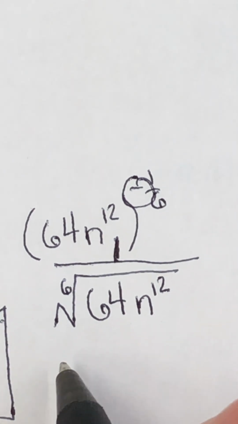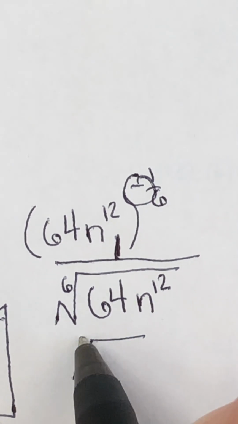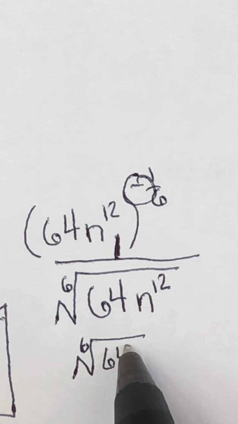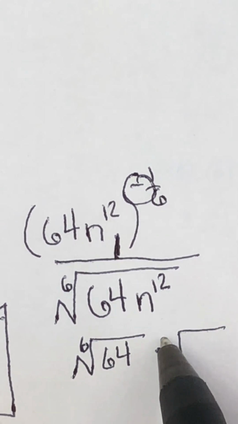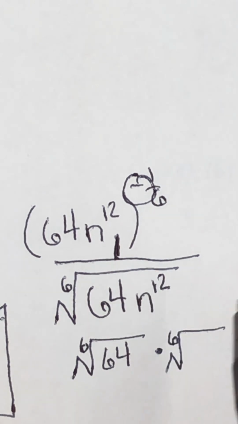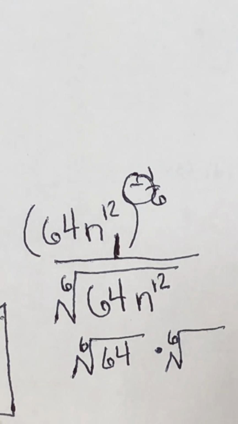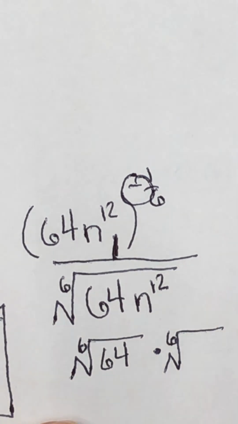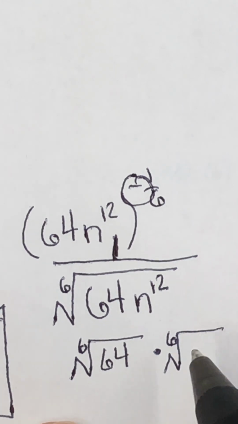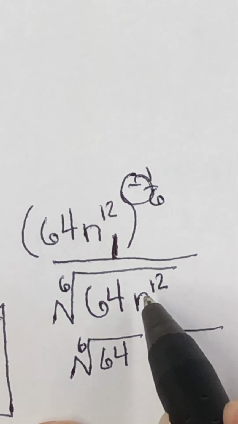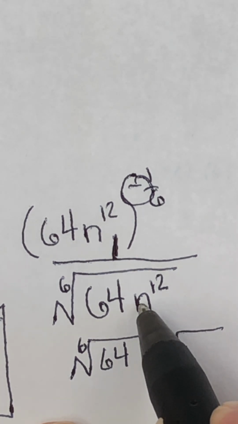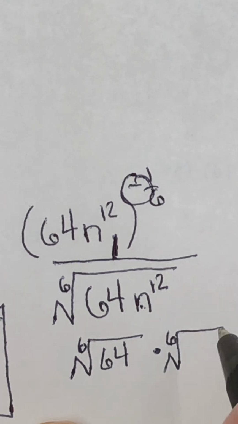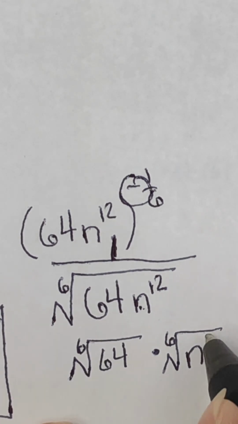So we can do the 6th root of 64 and multiply. Now, in this one, if we do the 6th root of this, it might be a little weird if you're looking at it going, wait, what is it? I think it's 2, but I'm not sure. Then double check it. If you were to take these n's and separate them out to 6ths, so I have n to the 6th.